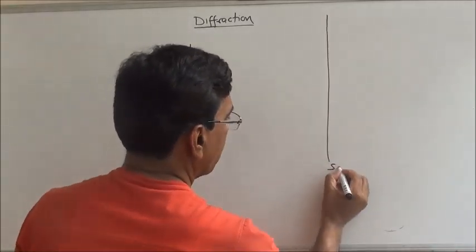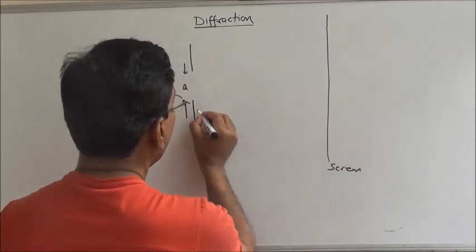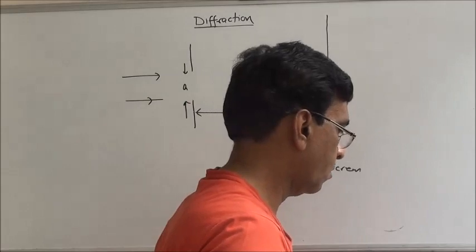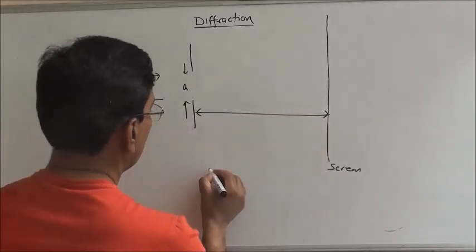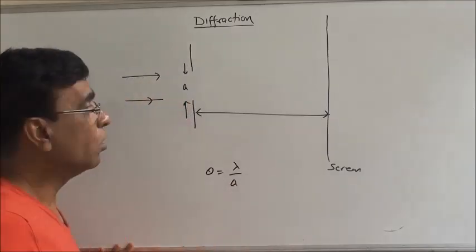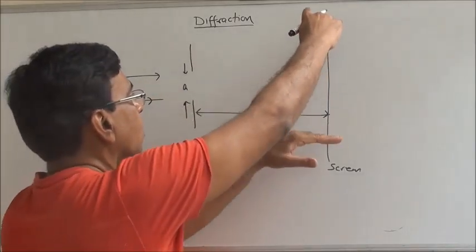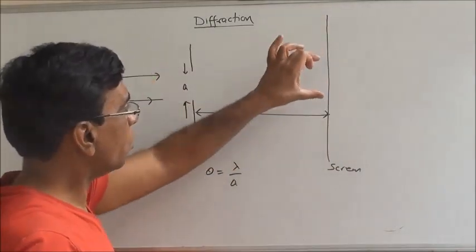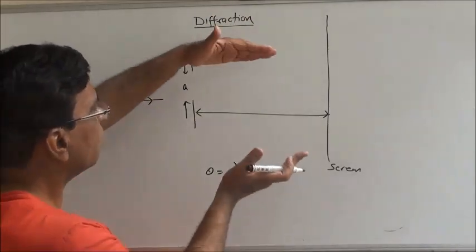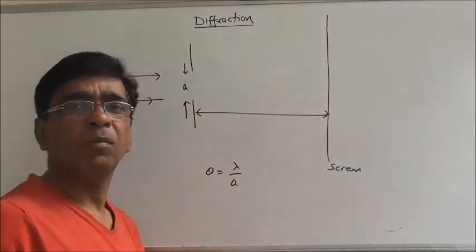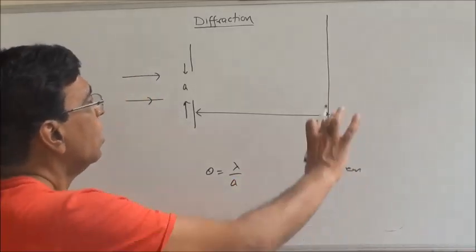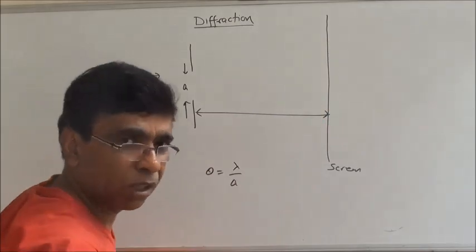And now, if this is a screen, depending on this distance, this linear spread, the linear width will also change because angle is increasing. So if angle is increasing, this spread on the wall will keep on increasing if we take it back. So just find out how much will be for this angular width.